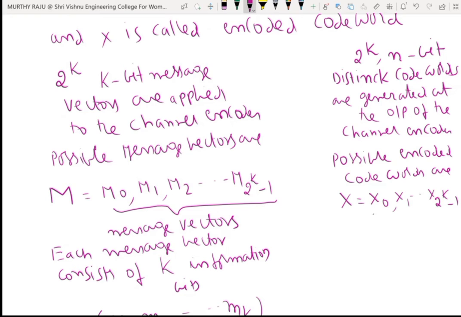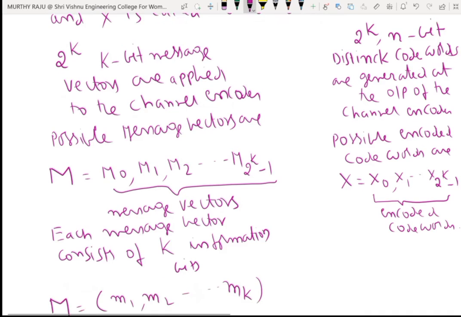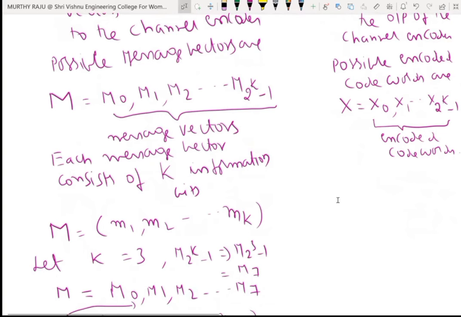All these are the message vectors, and here we have the encoded code words. Capital X is represented by x0, x1, up to x 2 power k minus 1, all the possible encoded code words.